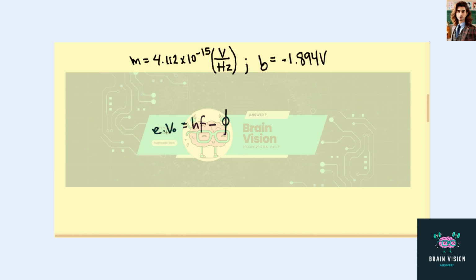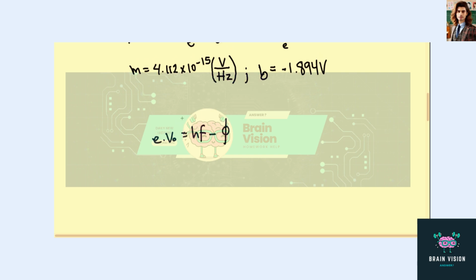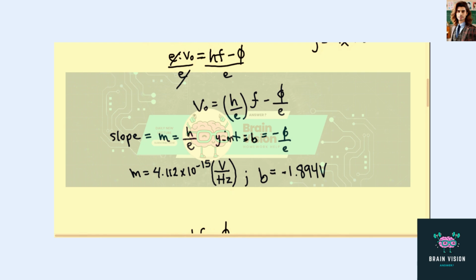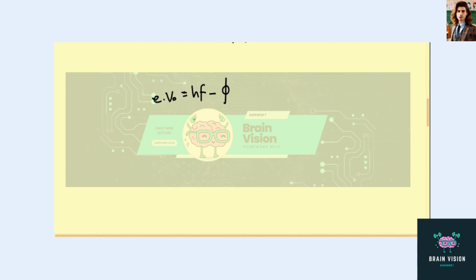But if we divide 0 by E, and we get this equation, V0 is going to be equal to 0. So this is what I'm saying here.